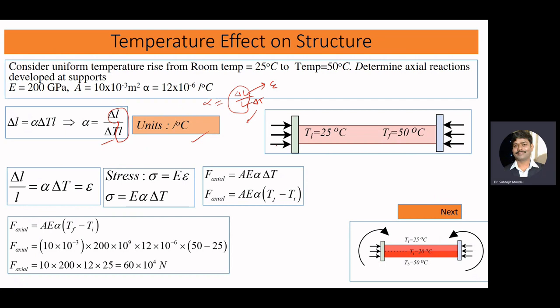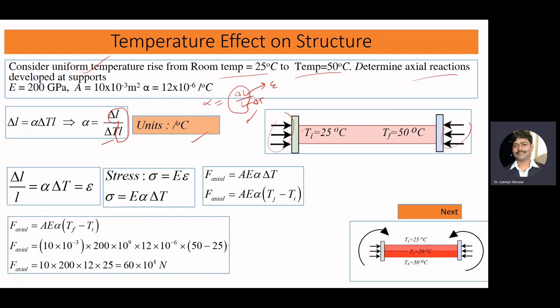Now, to solve this problem, we need to consider a uniform temperature rise from room temperature, 25 degrees Celsius, to 50 degrees Celsius, and we have to determine the axial reaction developing in the structure.